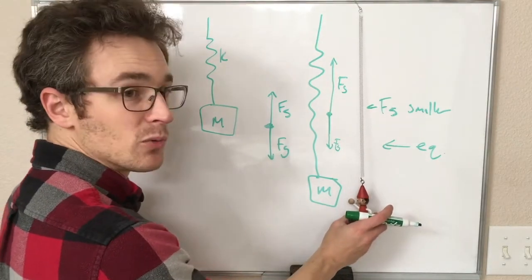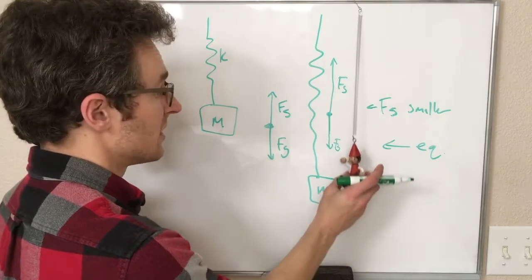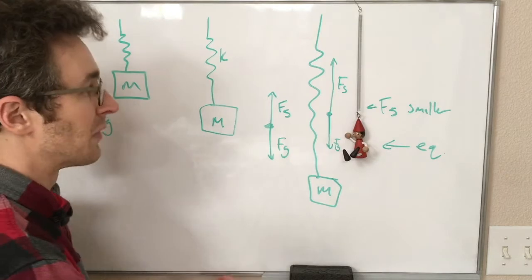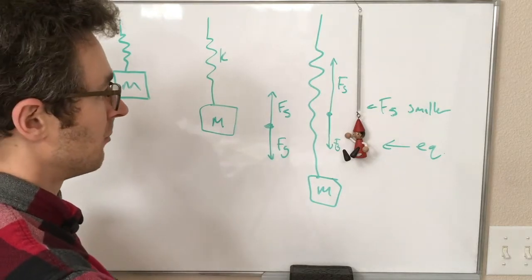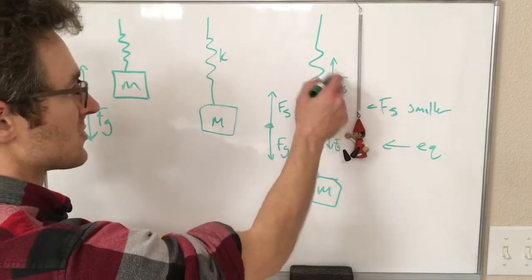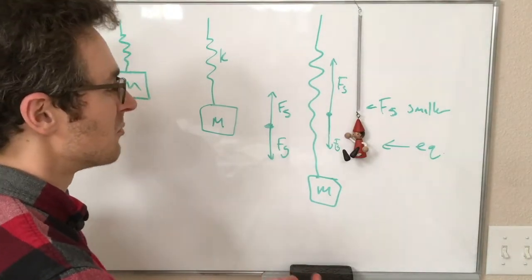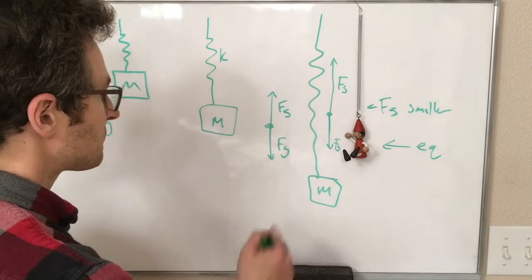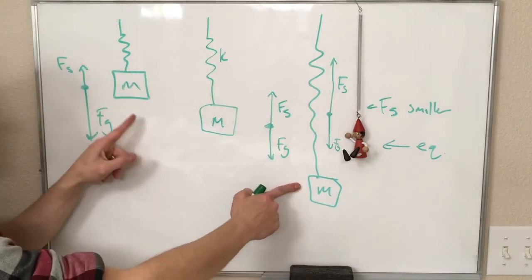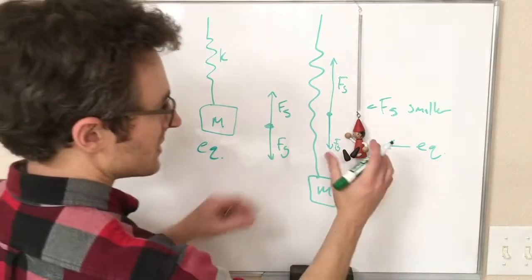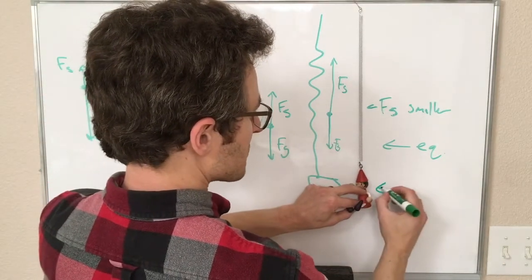And remember, F equals k delta x, where delta x is how far we are from our equilibrium length. So the bigger the stretch, the bigger this force exerted by the spring gets. So these are our two. This situation is equilibrium. These two are away from equilibrium.